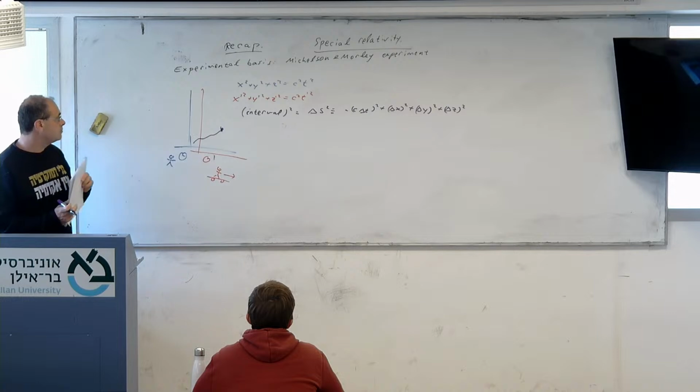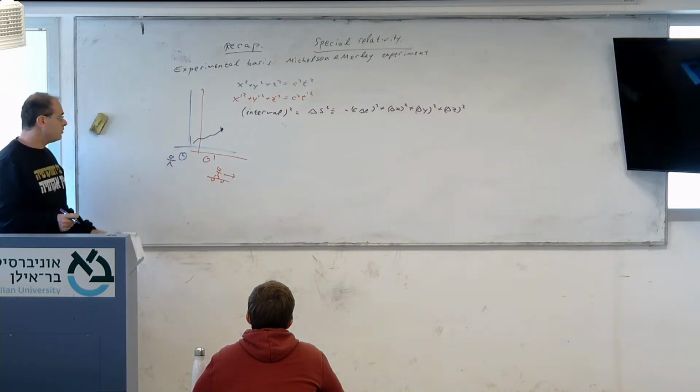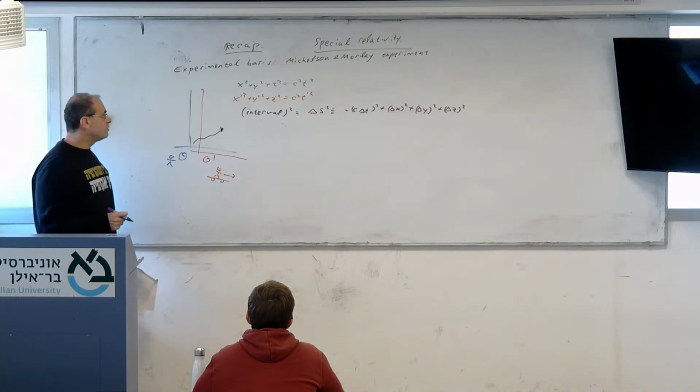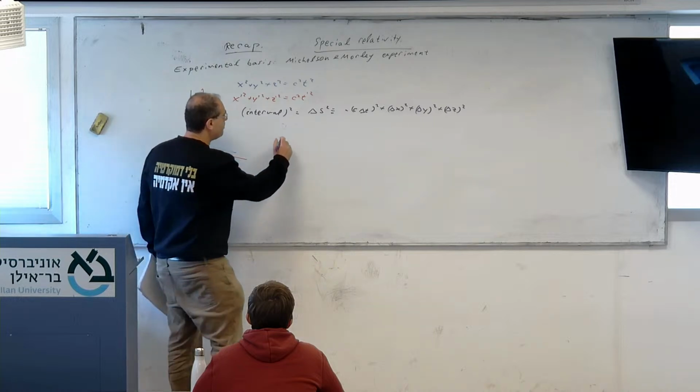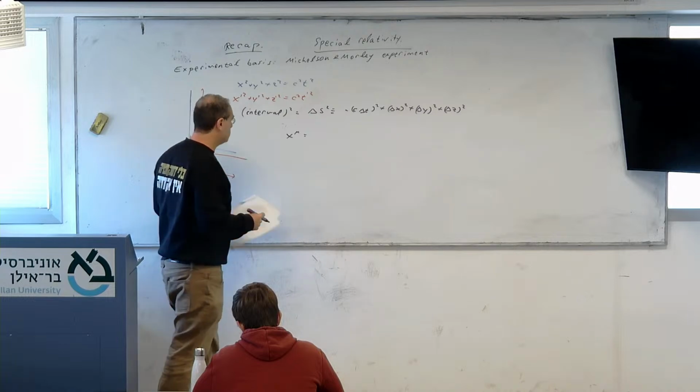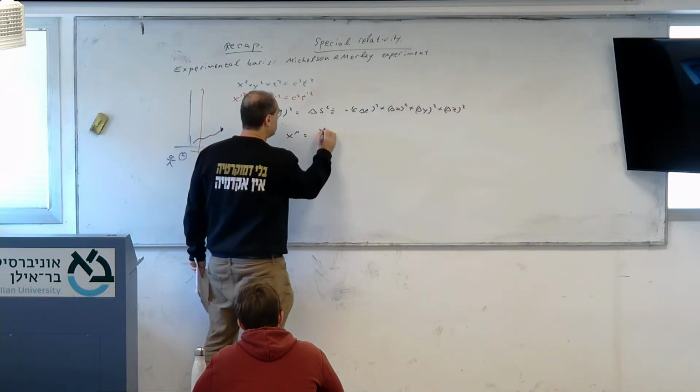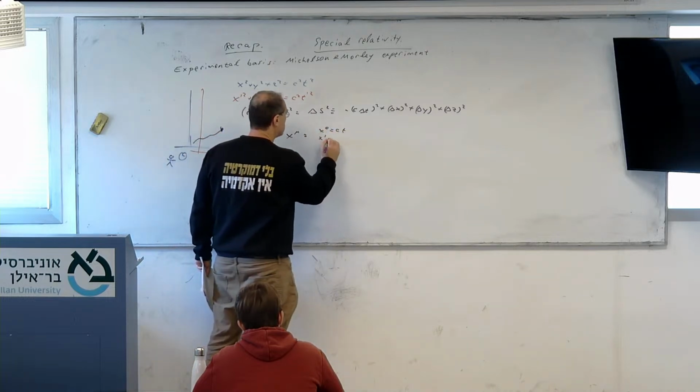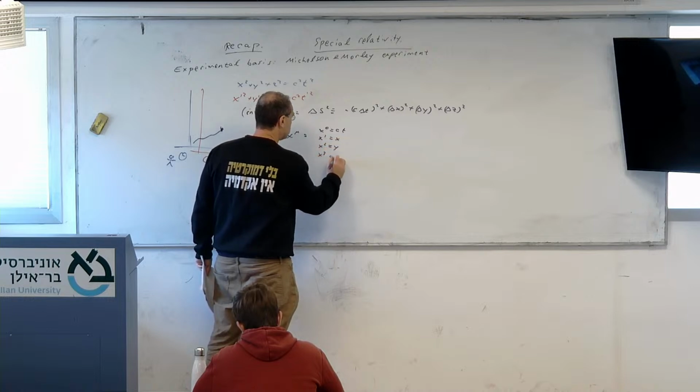Then we moved on to a few definitions. We define a 4-vector x with an upper index mu as x0 is ct, x1 is x, x2 is y, x3 is z.